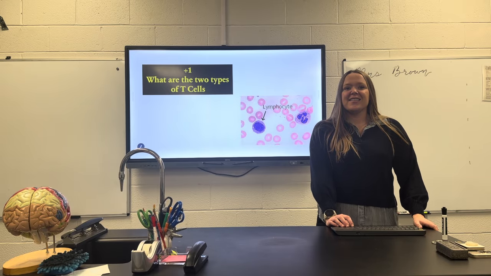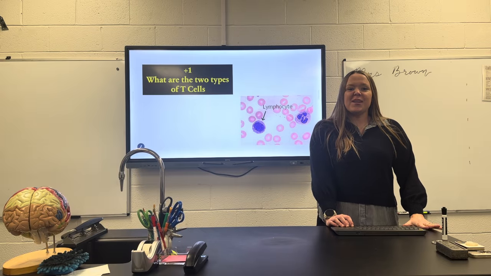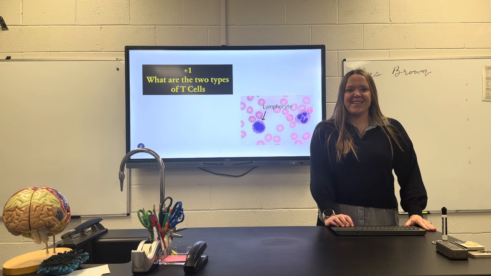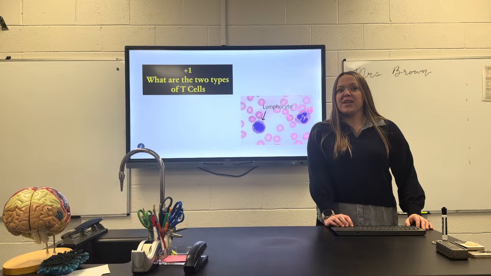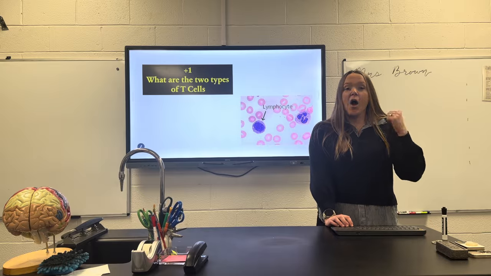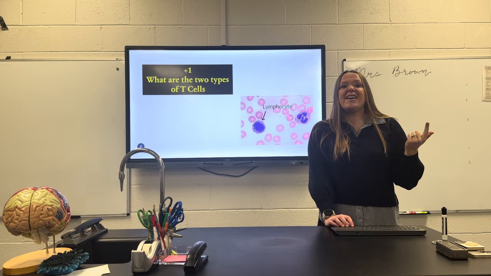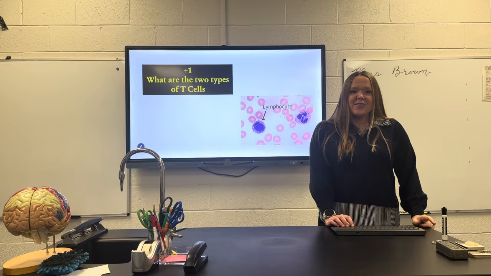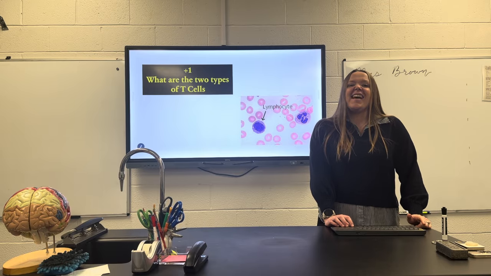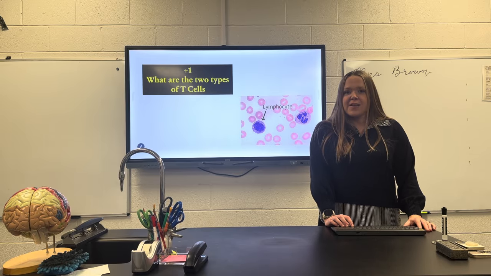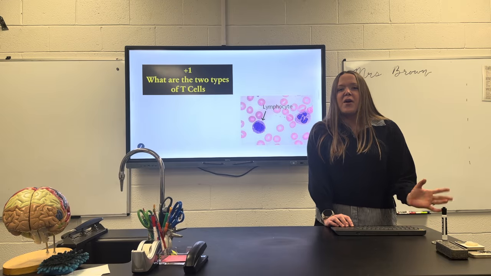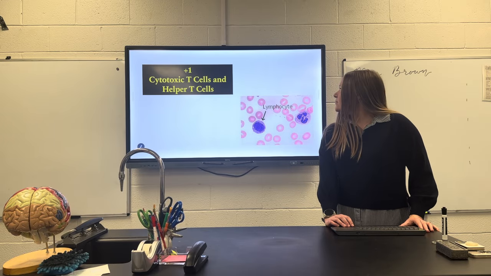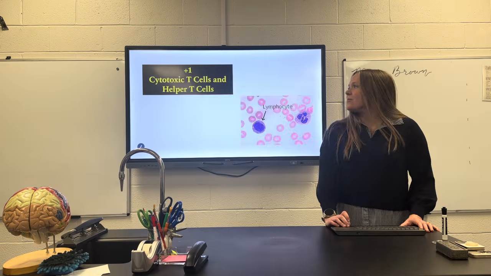Helper T cells, CD4, and cytotoxic T cells, CD8. Landon's giving you the official name of them, so he's going above and beyond. Cytotoxic and helper T cells.